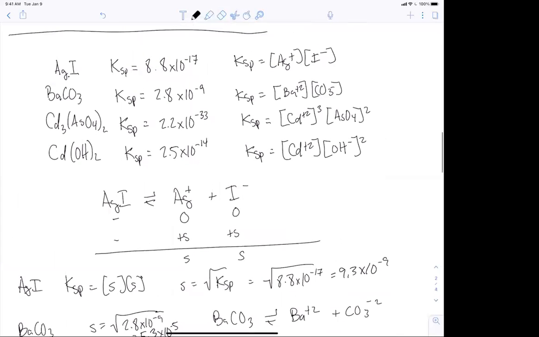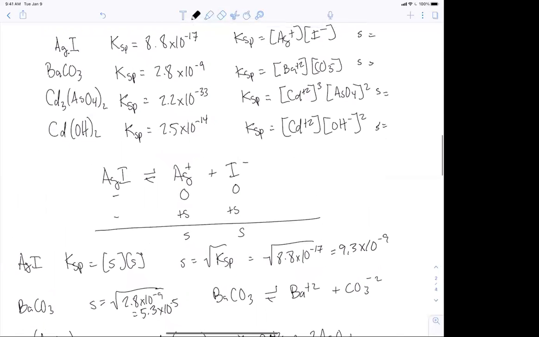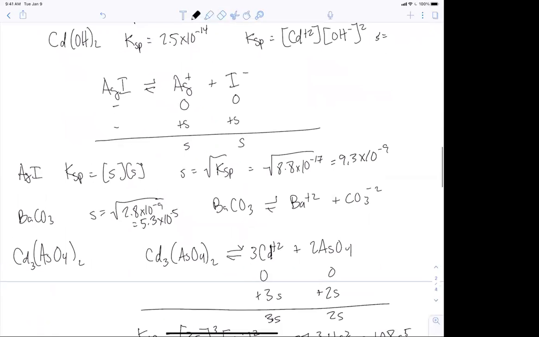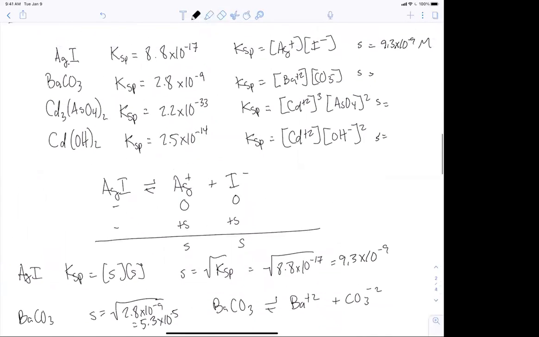So when you actually calculate S for these, we see that for silver iodide we have 9.3 times 10 to the minus 9th molar. For barium carbonate, we have 5.3 times 10 to the minus 5th.